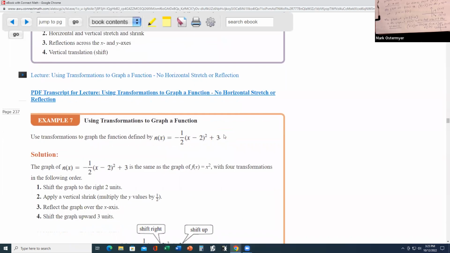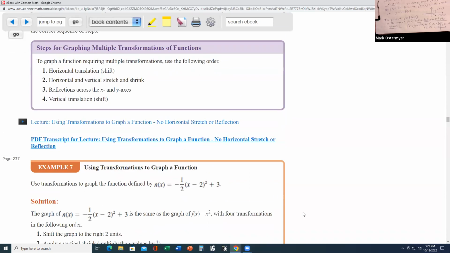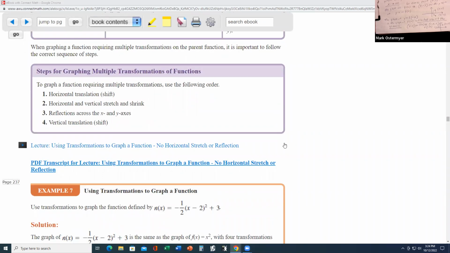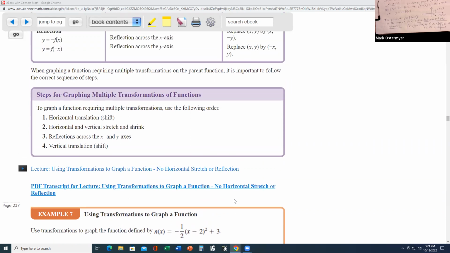All right, so here, ladies and gentlemen, is a function in example 7, section 2.6, page 237. I have a question for you. What was the basic parent function that they used to build up to this complicated function called n of x? What basic parent function did they use? f of x equals what?